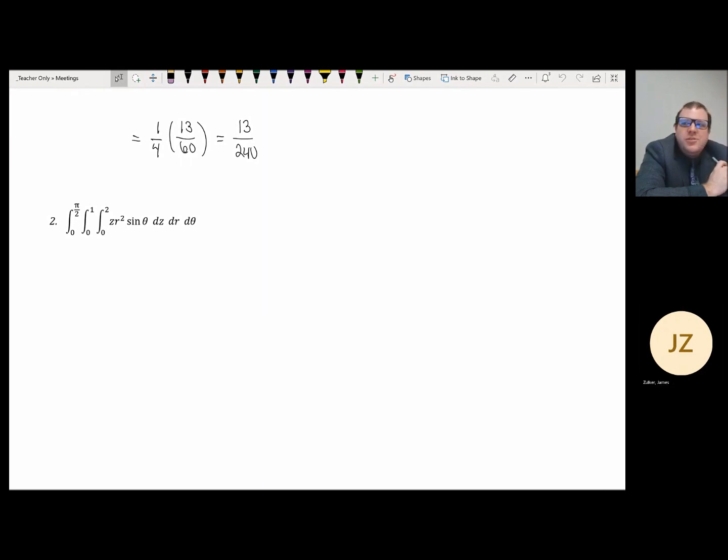Now there is another property of iterated integrals that I didn't mention last time. All the bounds are constants, right? And we have strictly a product. We can also write this way.